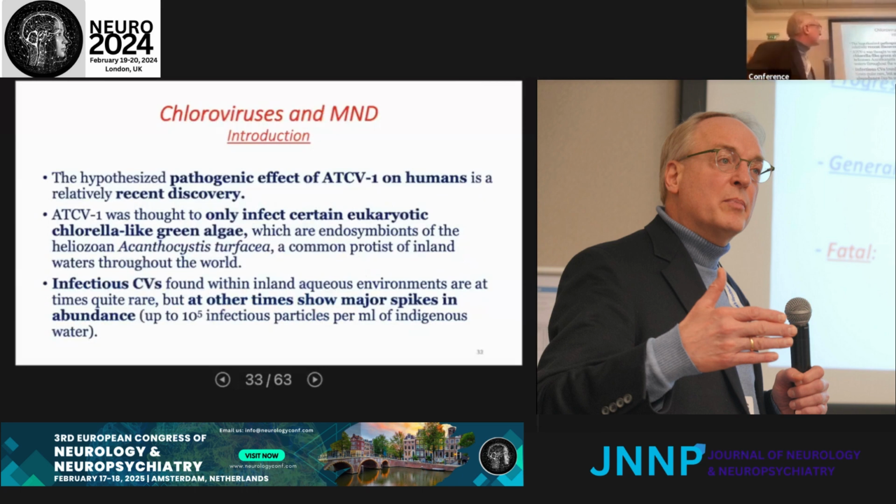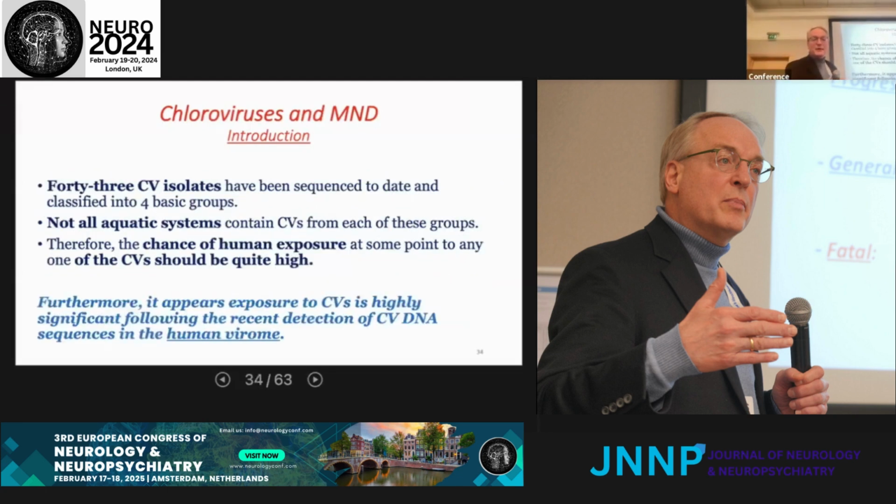So the hypothesized pathogenic effect of ATCV-1 on humans is relatively recent. It was thought to only infect certain eukaryotic flora like green algae, which are endosymbionts of the heliozoan Acanthocystis turfacea, a common protozoan of inland waters. However, infectious CVs are found at times with major spikes, and that's the one point that we've been very interested in. Are we seeing a higher incidence of disease when we see higher incidence of spikes of this particular virus?